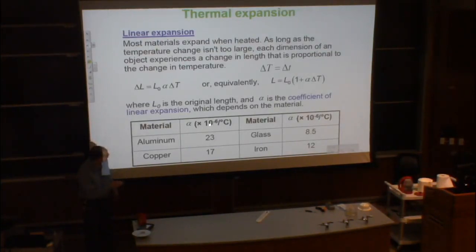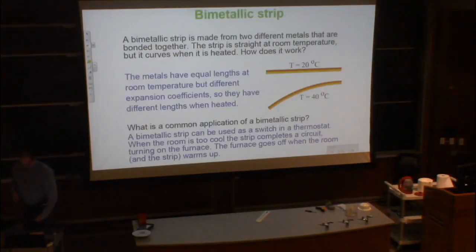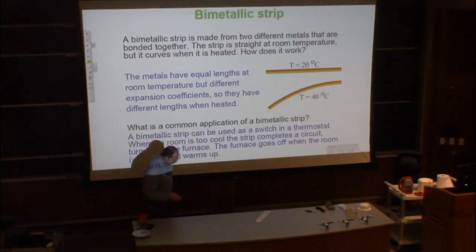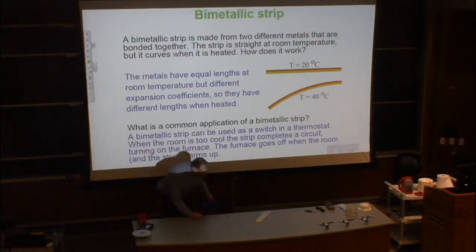Of course, for natural materials, it's a very small number. We have to heat it up really, really hard to make it visibly longer. If we take two different metals glued up together, what should happen if we warm it up?